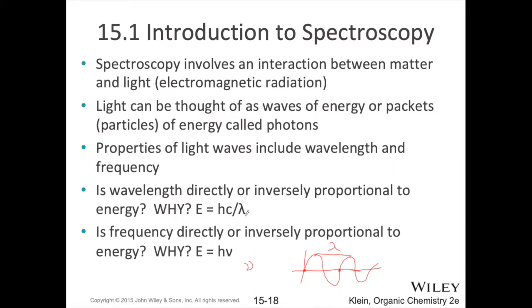In other words, wavelength is inversely proportional to energy. Frequency is also equal to c over lambda, so wavelength is also inversely proportional to frequency. The shorter the wavelength, the higher the energy and the higher the frequency of the light.